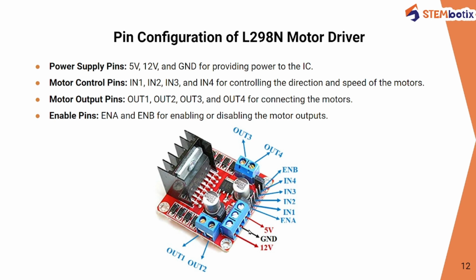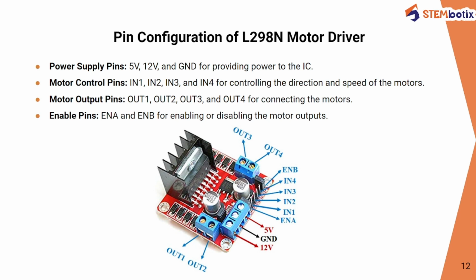The module receives power from these three pins, which are 3.5 pitch screw terminals. This is the VS pin, this is the GND pin, and this is the VSS pin.